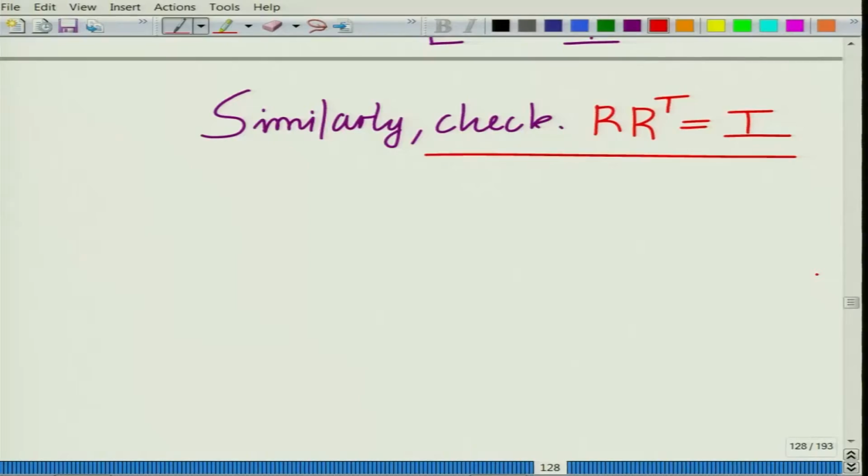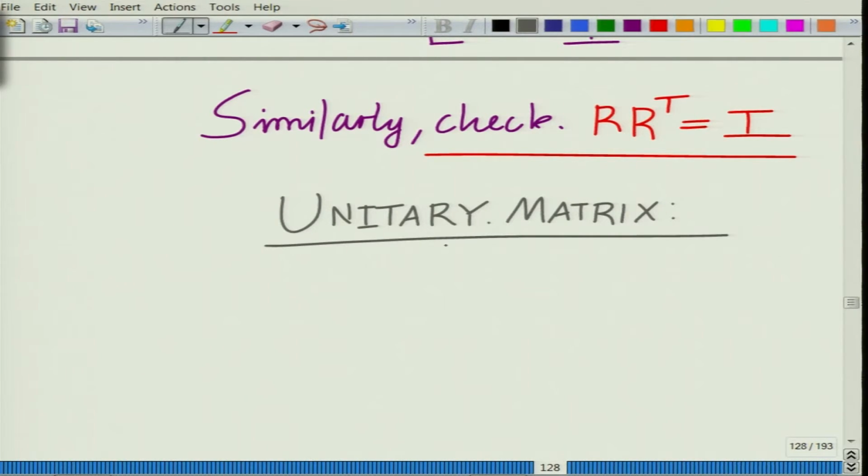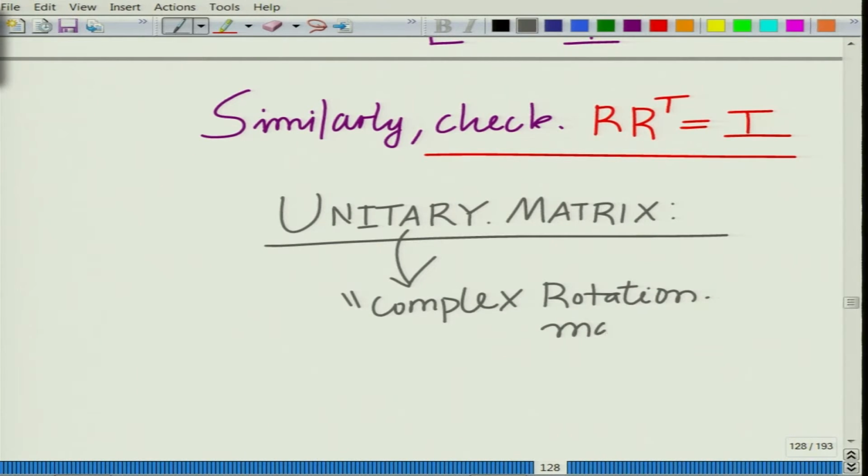Now, the analog of that for complex matrices is what is known as a unitary matrix. So, a unitary matrix is, roughly speaking, the analog of a rotation matrix. I can think of this, loosely speaking, as a complex rotation matrix. This is what it is.